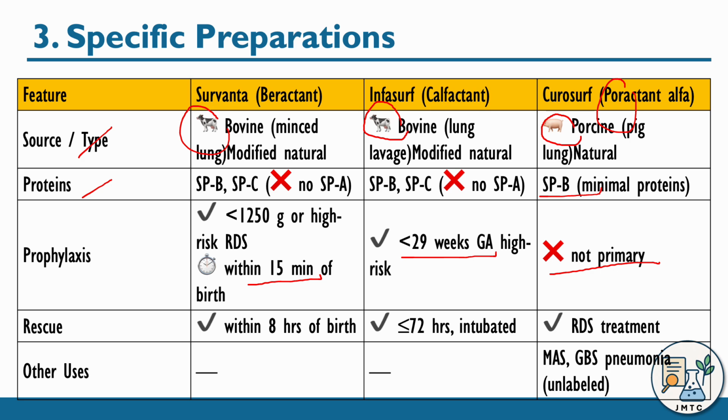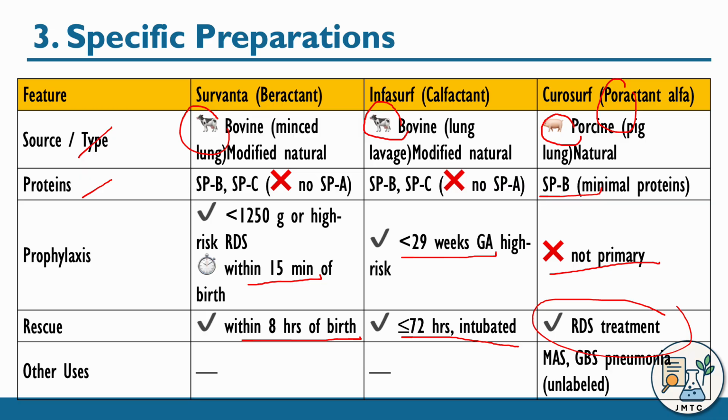So, if the question is about early prevention, right after birth, si Surfactant yon, 15 minutes after. So, for as rescue treatment, you can use all, but si Surfactant within 8 hours of birth, si InfaSurf within 72 hours, intubated, and si CuraSurf naman, mainly ito ang use niya for RDS treatment. So, all three can be used for rescue.